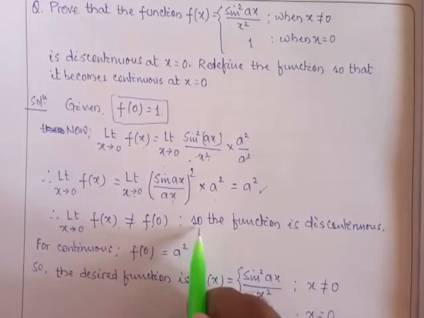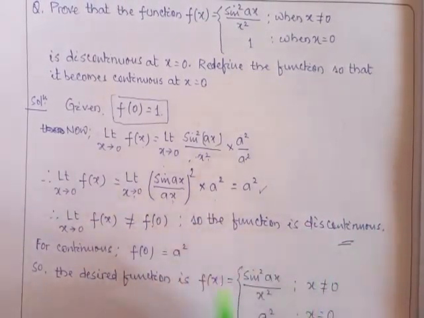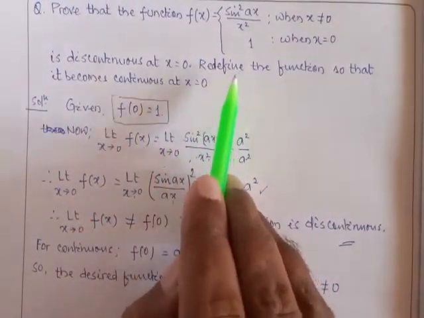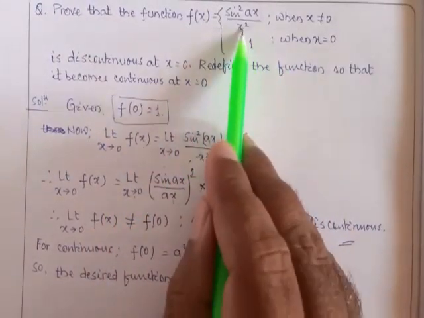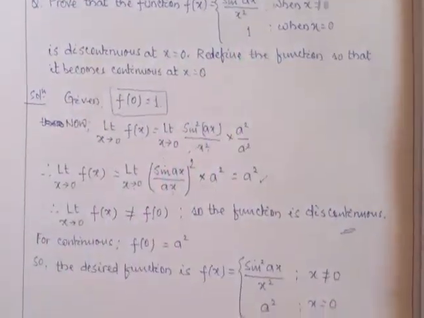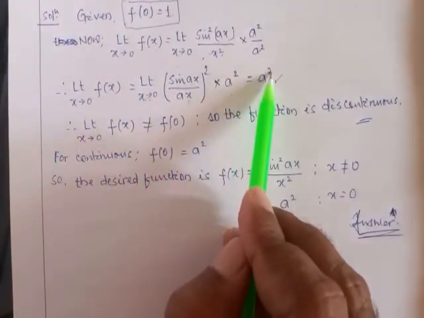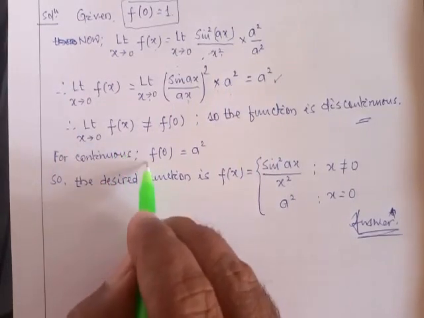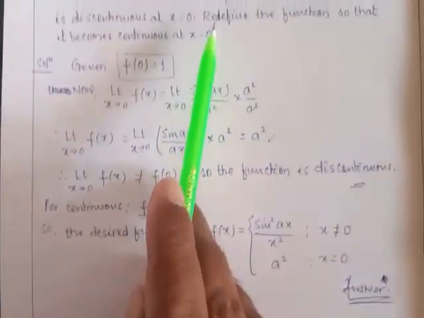This is the result of your first part. Now come to redefine. What should be the value of f(0) so that the function becomes continuous? We have already calculated that the limit should be a². So if f(0) becomes a², then we say the given function is continuous.